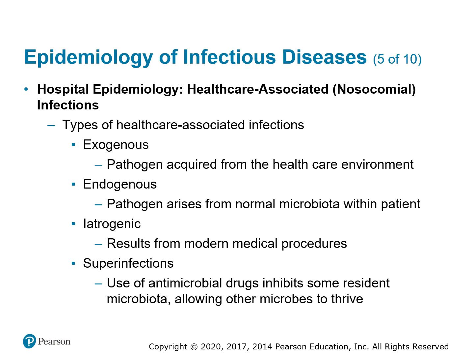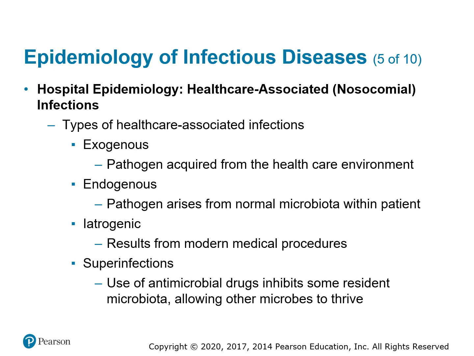Hospital epidemiology is something we all have to be aware of if you work in a healthcare environment, especially if you're a nurse, but it's important for patients as well. So healthcare associated or nosocomial infections, there are several different types of these that can happen. There's exogenous, meaning the pathogen was acquired from a healthcare environment.